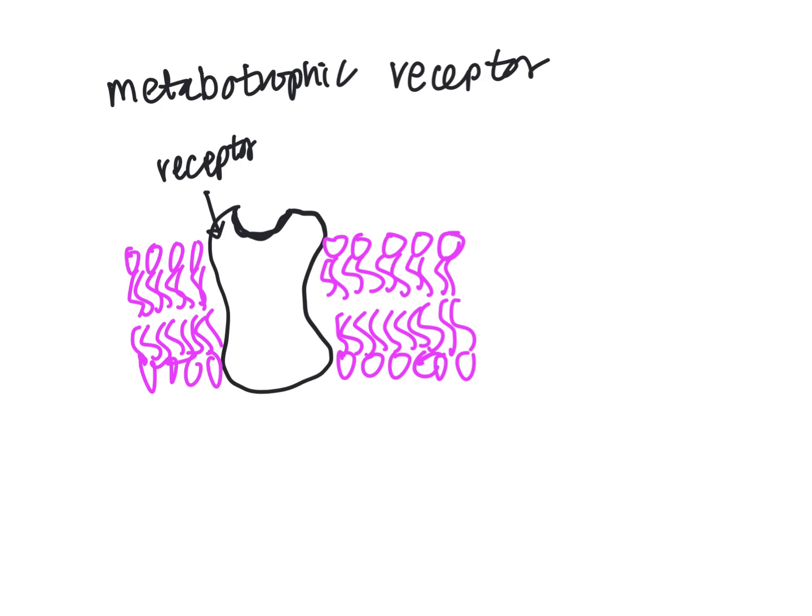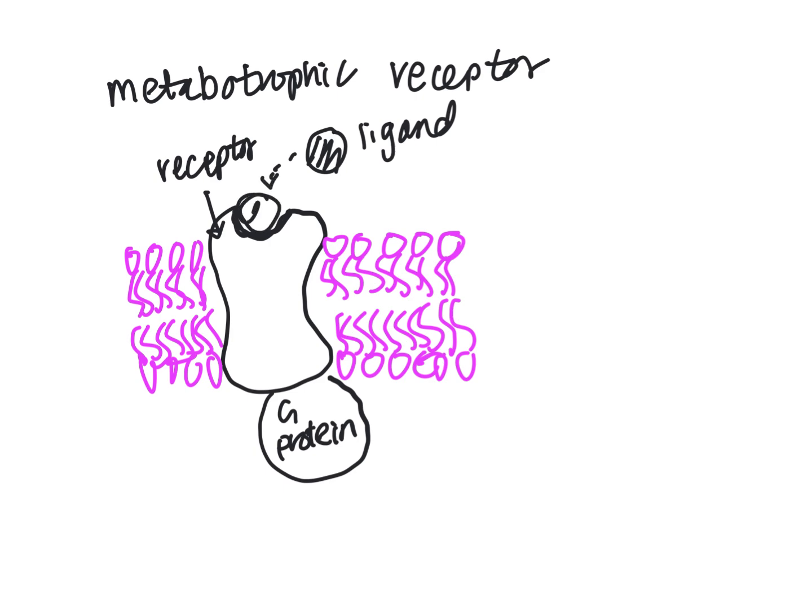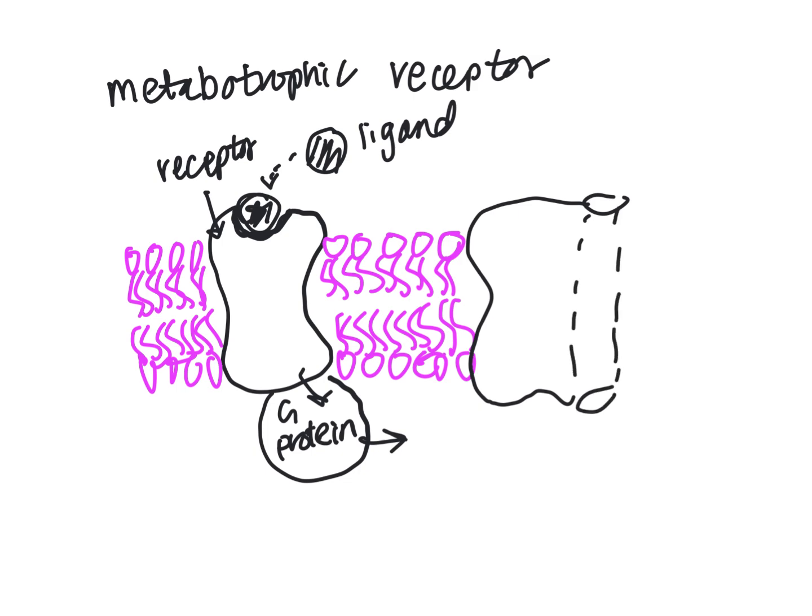So typically, these metabotropic receptors are also bound to other proteins, like a G protein. And in this case, when the ligand binds, there's a change in shape that causes this G protein to release. Another receptor or another integral membrane protein, I'll add some more membrane here.